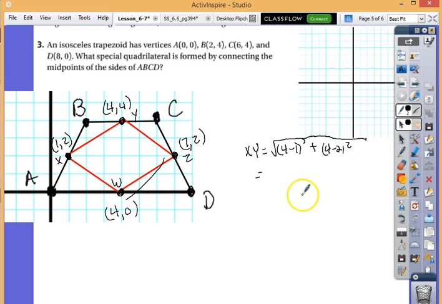And that's going to equal the square root of 3 squared, which is 9, plus 2 squared, which is 4. So that's going to equal the square root of 13.